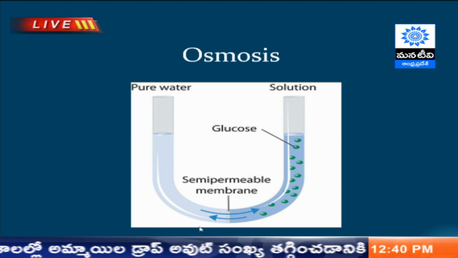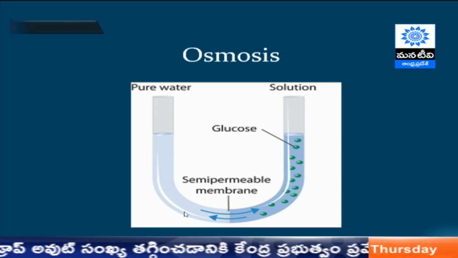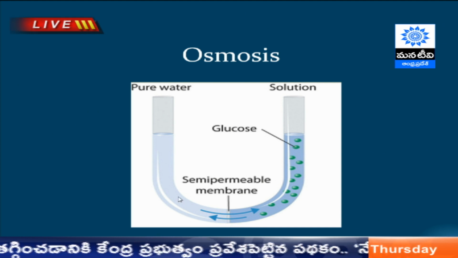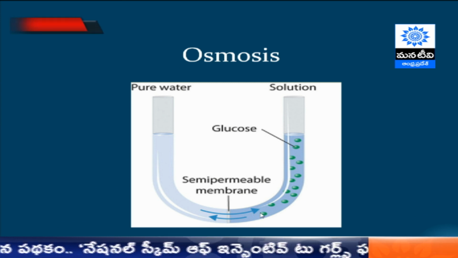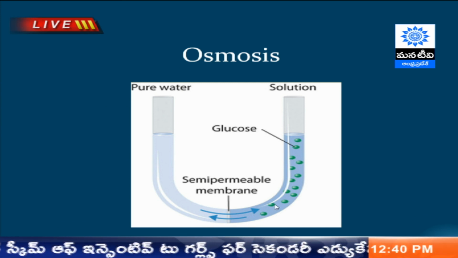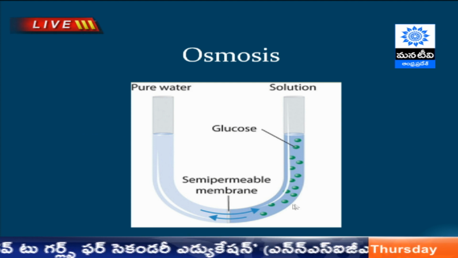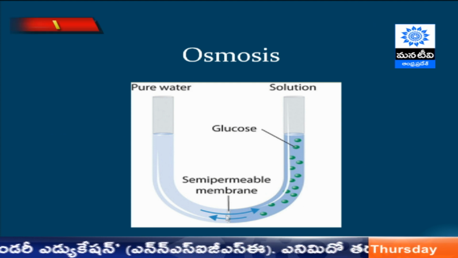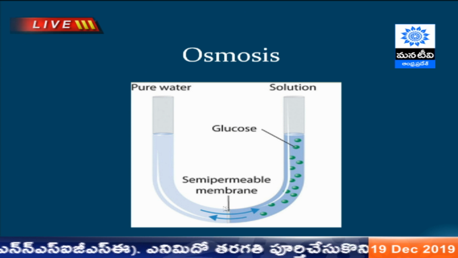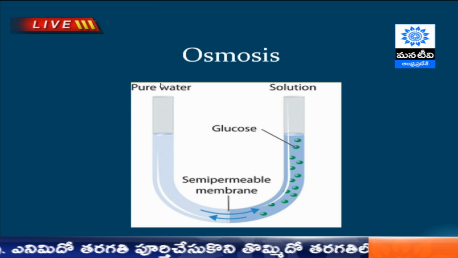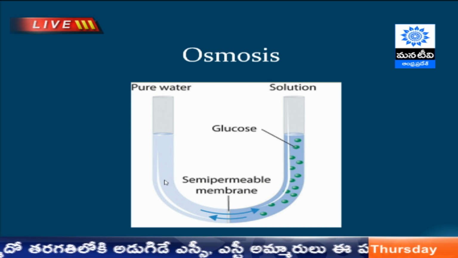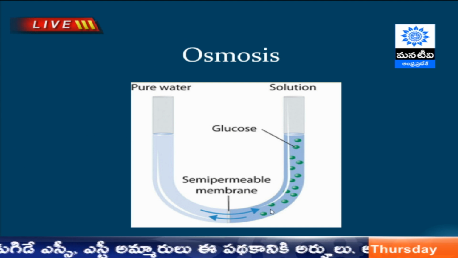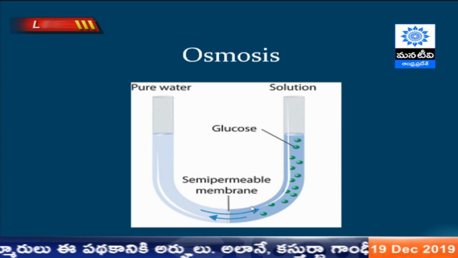There is no further increase, because whatever solvent has to flow into the solution to see that both the sides have similar concentration, till such a time the solvent flows from the pure water, the left side of the limb, to the right side. After that, there will be no further flow.